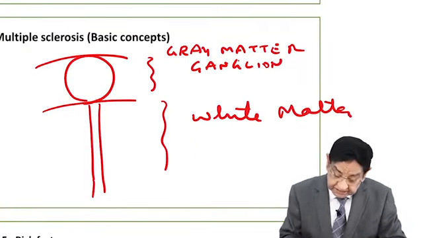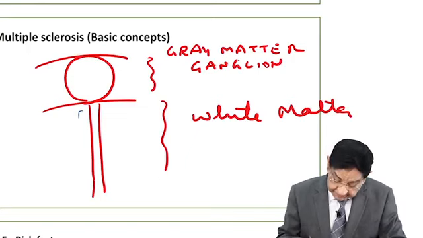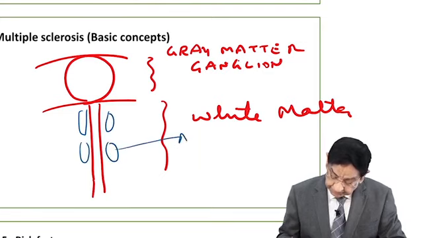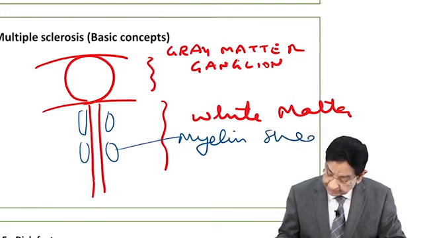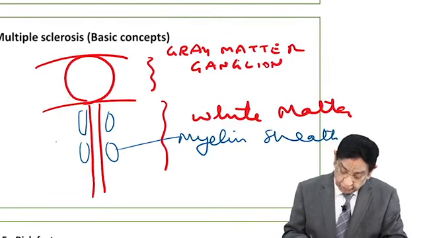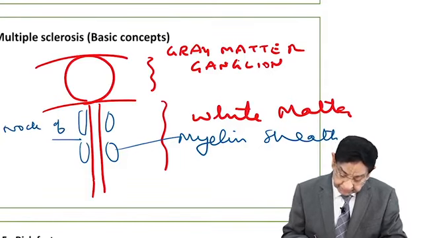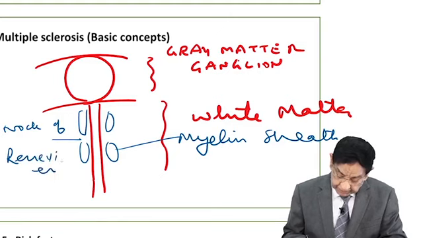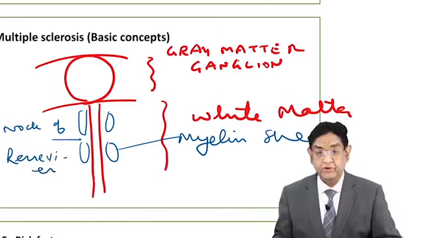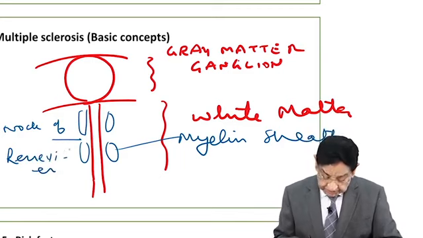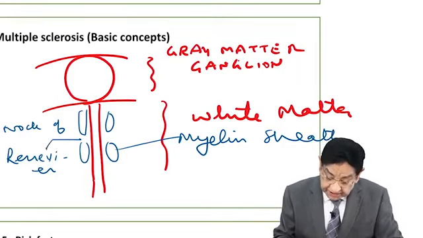Now, these are surrounded by myelin sheath. And we have a node of Ranvier. All of us are aware that we have node of Ranvier. And due to this node of Ranvier, there is saltatory conduction.